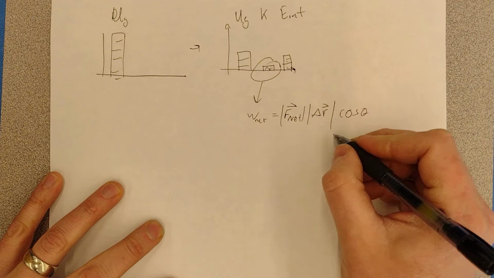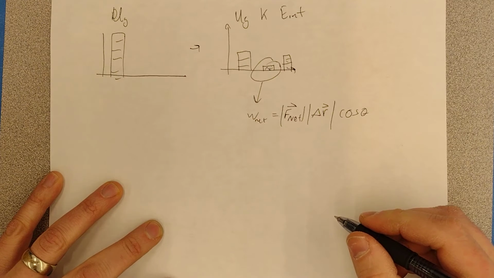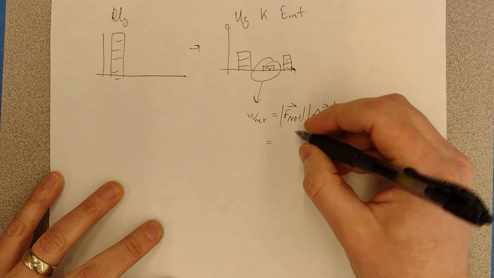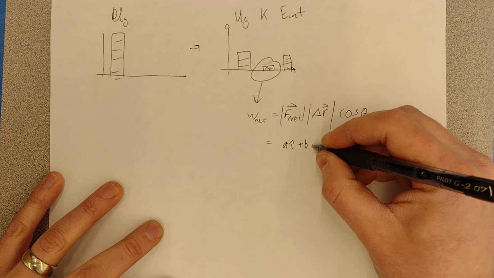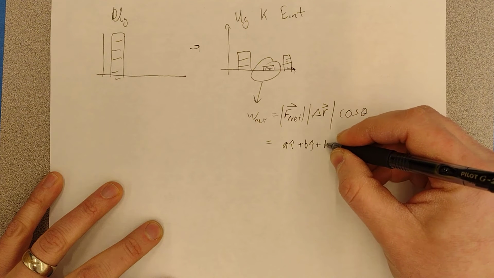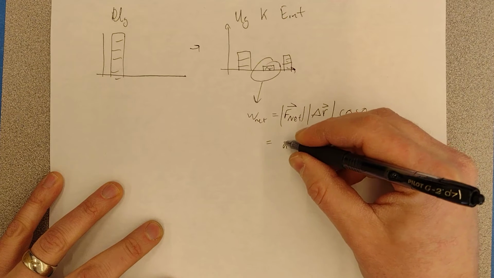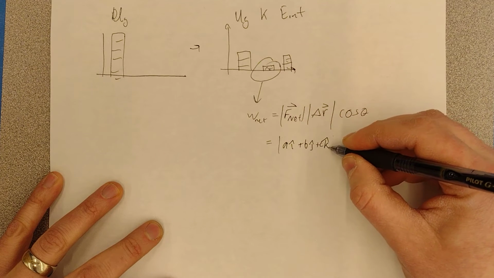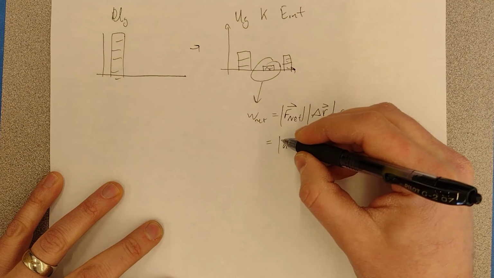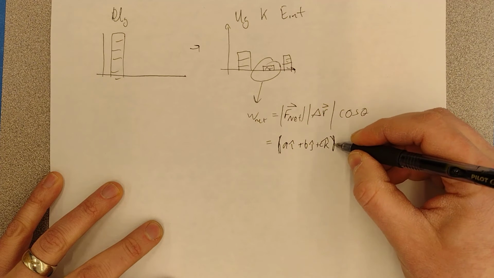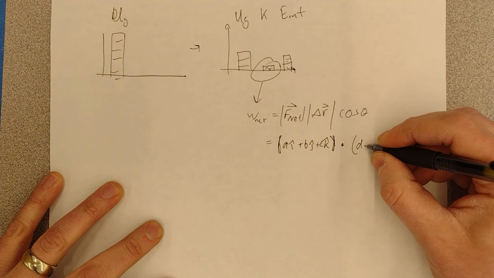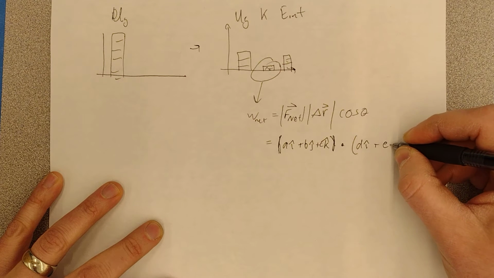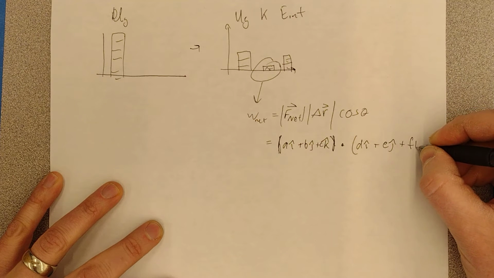This can be a multi-dimensional vector. For instance, you could have a force of A i hat plus B j hat plus C k hat, right? And this is kind of cool. That vector dotted with, let's say the radius vector is D i hat plus E j hat plus F k hat.